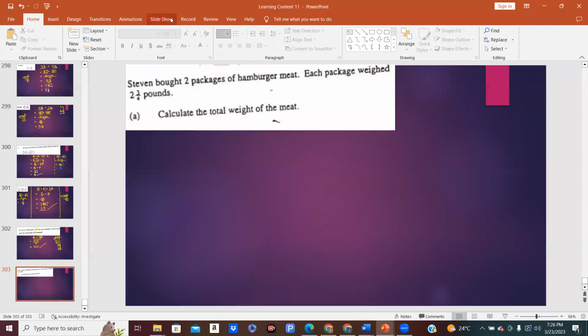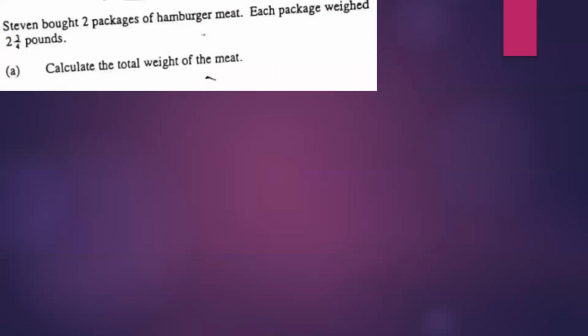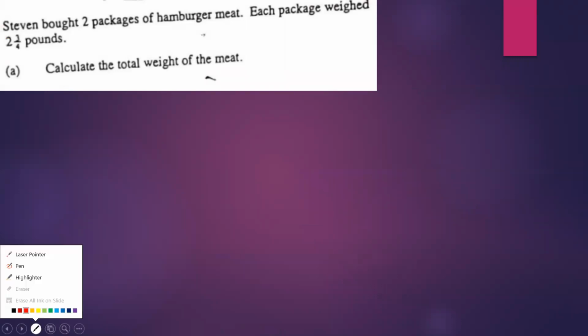Okay, so the question says, Stephen bought 2 packages of hamburger meat. Each package weighed 2 and 3/4 pounds. Calculate the total weight of the meat. How are we gonna do that? Any ideas?